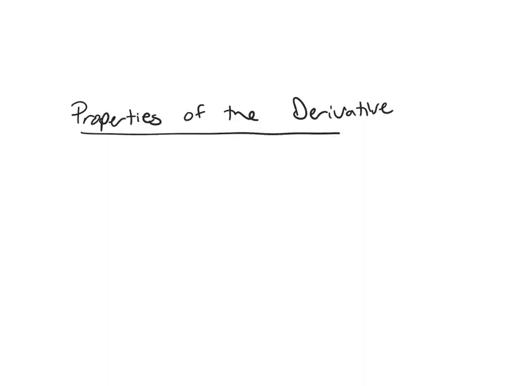Now let's talk about some properties of the derivative. So I'm going to assume R and U, these are differentiable vector valued functions.